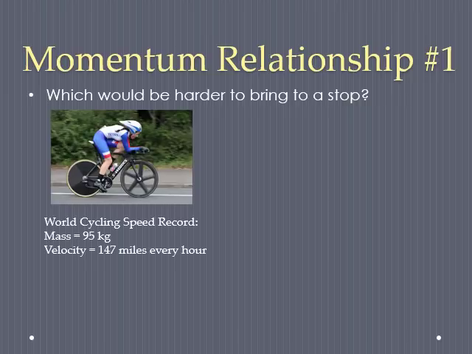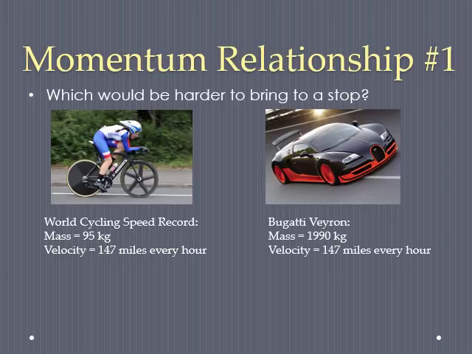This is the world female cycling speed record holder, and her mass is about 95 kilograms, and the fastest clocked speed she ever went was 147 miles per hour, which is crazy fast. Or this is a Bugatti Veyron, an amazingly fast sports car. It can also go 147 miles every hour, and it has a mass of 1,990 kilograms.